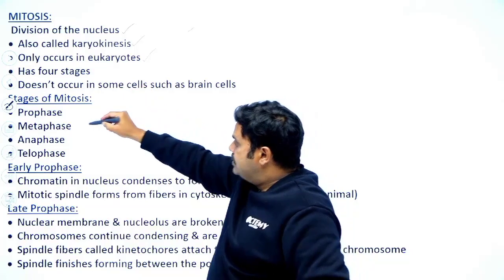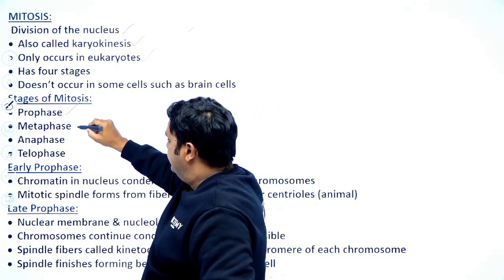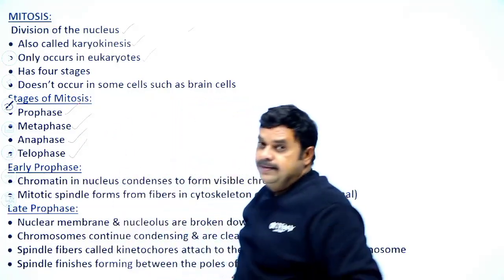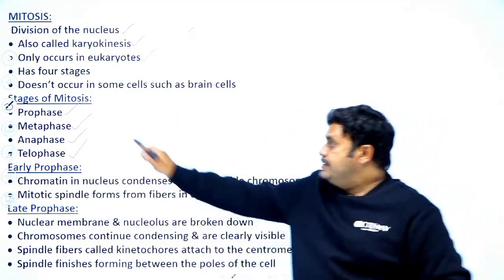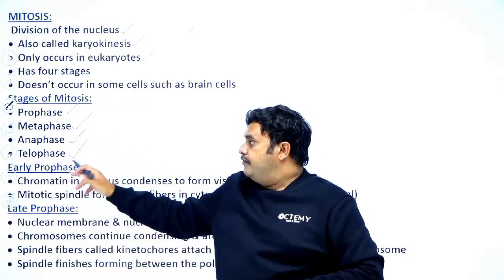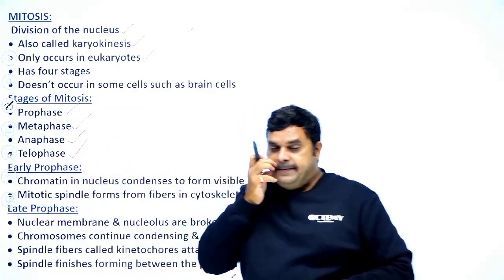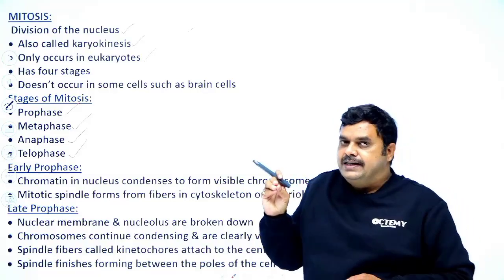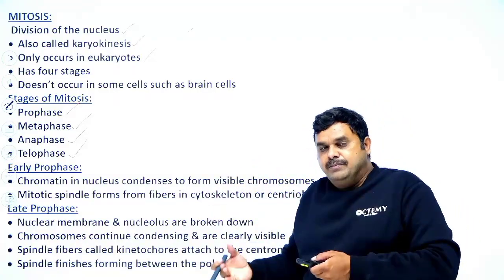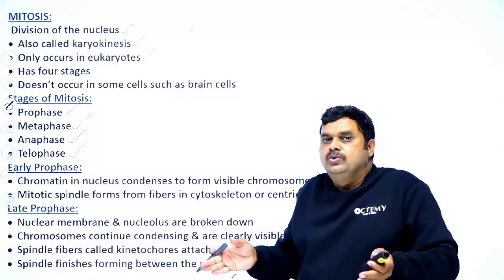It contains 4 stages: prophase, metaphase, anaphase, telophase. So the somatic cell undergoes 4 different phases before dividing into 2 cells.